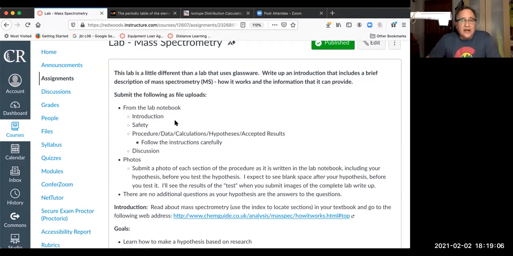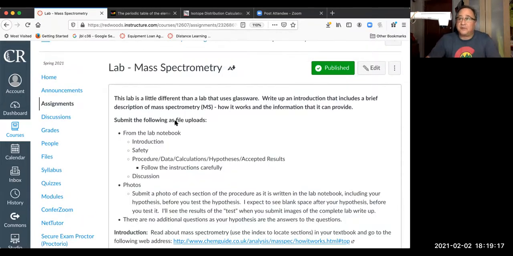So right now you should get out your lab notebook and you should start writing this lab. And the first thing you want to write at the top is mass spectrometry. This is how it's spelled. Put the title in.